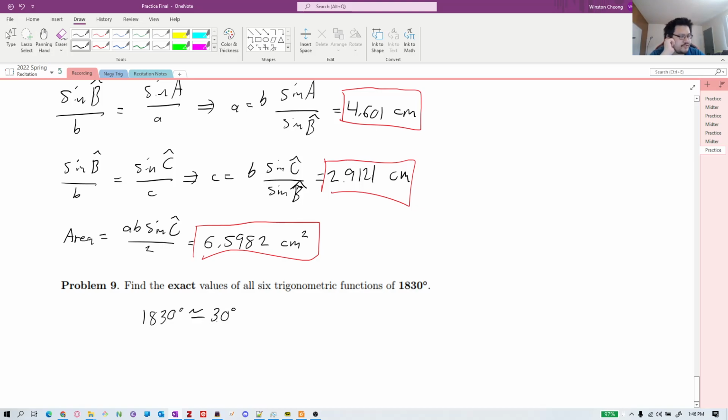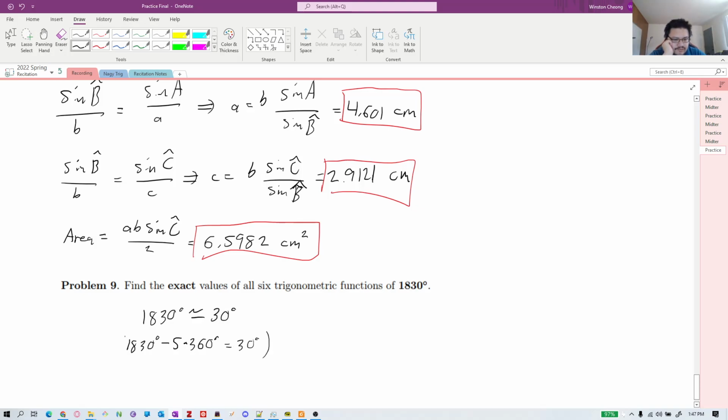The trig functions are not going to recognize the difference between these 2 angles. They're going to view them as the same thing. So I'm just going to parenthesize so that the grader understands that we subtract off 5 copies of 360 degrees. Or maybe it's better to say it as a full statement: if I take 1830, subtract off 5 copies of 360, I get 30 degrees.